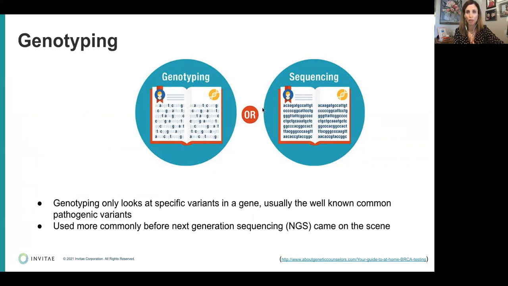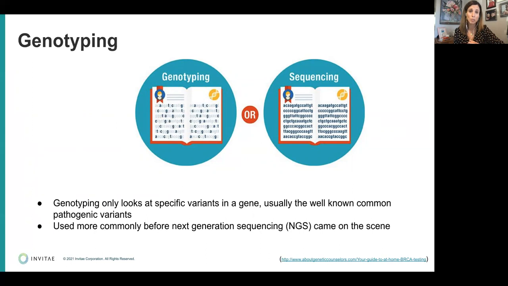So we're targeting where on the page in the recipe, or where within the recipe, we want to look for commonly known misspellings or variants. Versus sequencing itself is going to read through the entire page or the entire book to look for any misspellings or variants anywhere within the recipe.